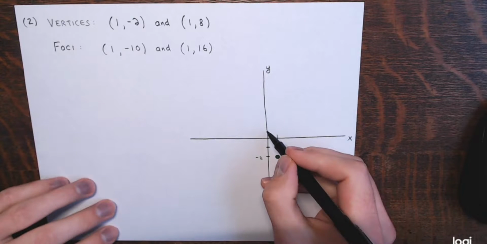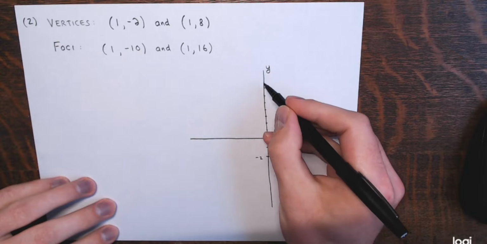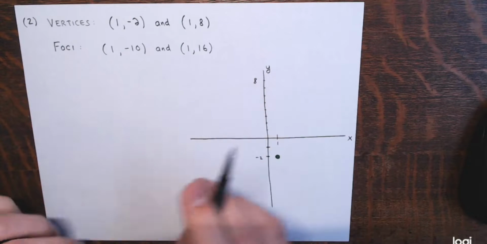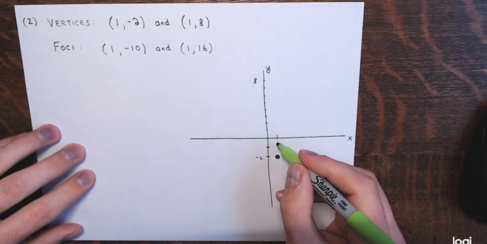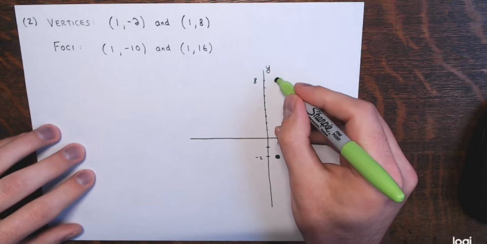And 1, 8. So 1, negative 2, and 1, 8. Those are the vertices.